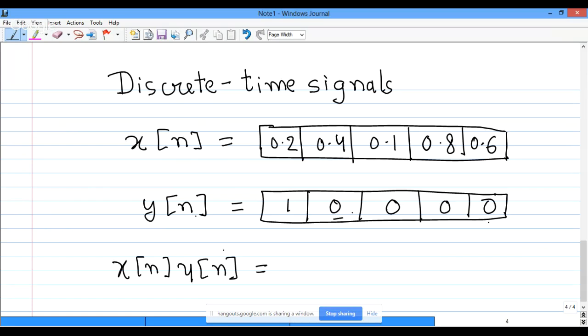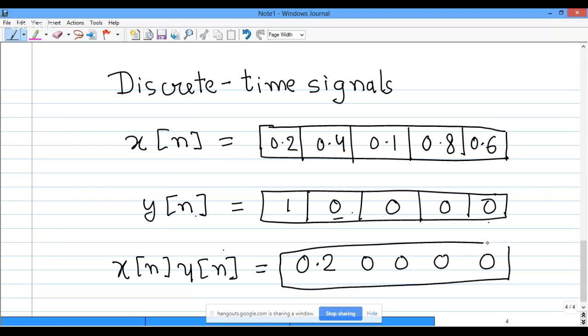Essentially, when I multiply this element wise, I will have in the resultant signal only the value corresponding to this element present. Okay, let me number this as first element. Now you can see that from these bunch of real numbers that I had, by multiplying this signal by this signal y[n], I can extract the numerical value of x[n] along this element.